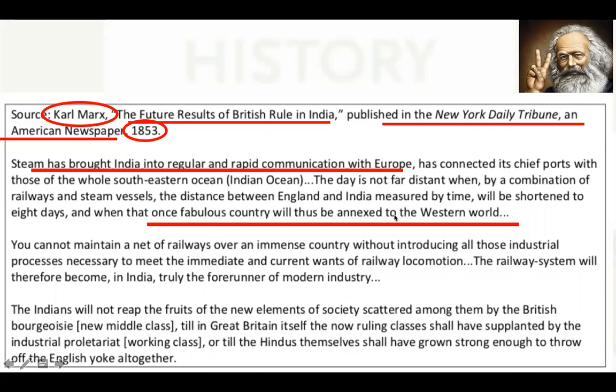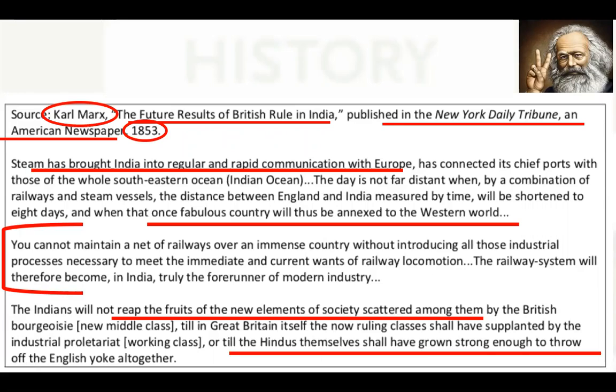Okay, now if I move on in the document, this next paragraph tells me that if India is going to build this massive railway network, it's going to need industrialization, which means following the railway will be modern industry. And if modern industry comes, well, then it's important to note that since the British will be the ones bringing it, it will be the British bourgeoisie, not Indians, benefiting from this, okay?